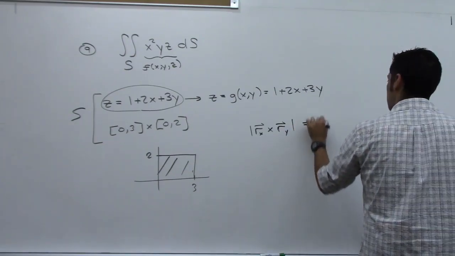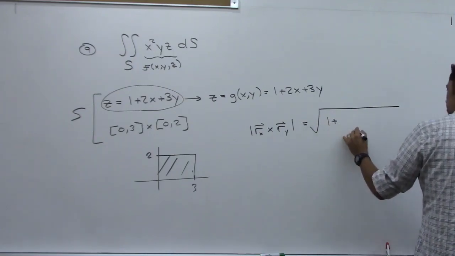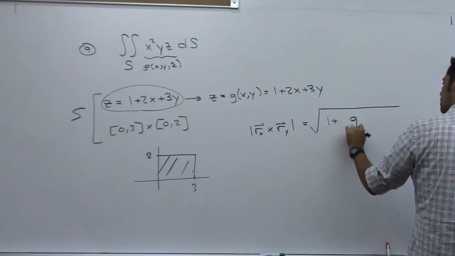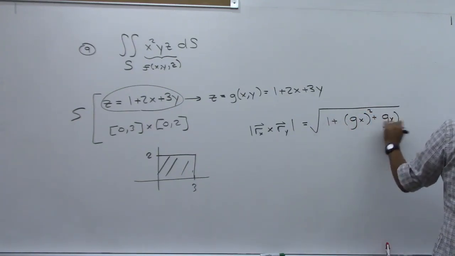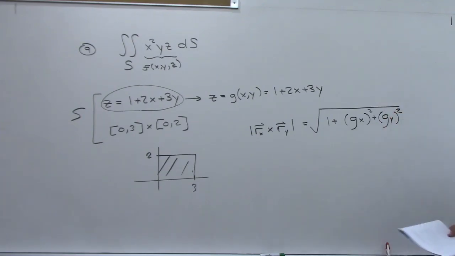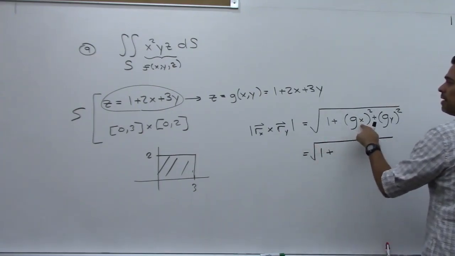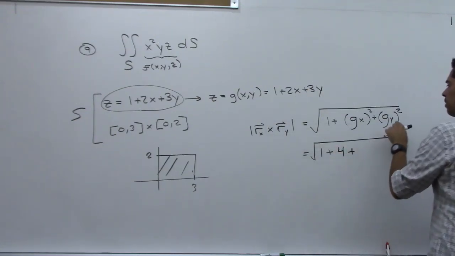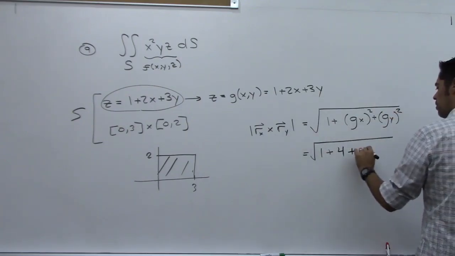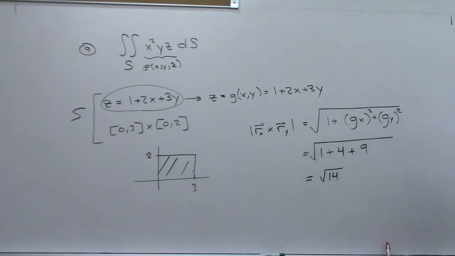This turns out to be, with the formula, the square root of 1 plus partial g with respect to x squared plus partial g with respect to y squared. So that should look very familiar from last section. Let me go ahead and put that in. Partial of g with respect to x is 2, and then square it, so we get 4, plus partial of g with respect to y is 3, but then square it, so we get 9. So do we get root 14 again? We do. Okay, coincidence.